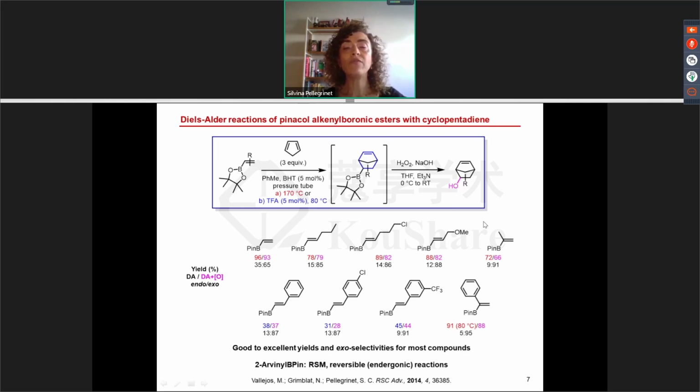And we also obtained very high exo selectivities. But in the case of the two aryl substituted compounds, the yields were very low. They were higher under Brønsted catalysis, but still very low. By doing calculations and further experiments, we realized that these reactions were endergonic, so they were reaching equilibrium. That's why we couldn't get higher yields.